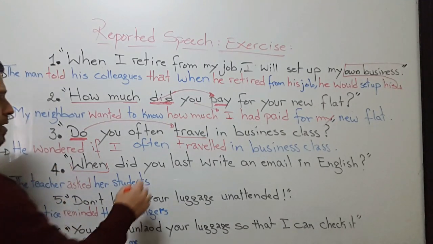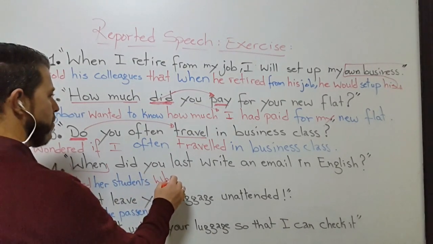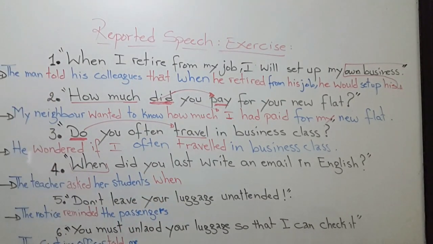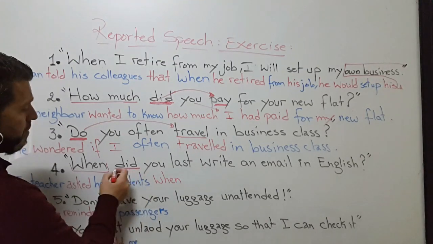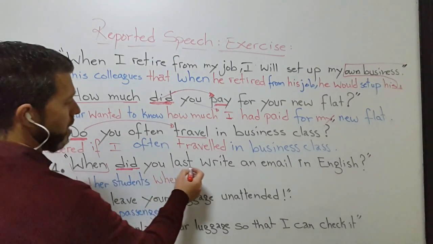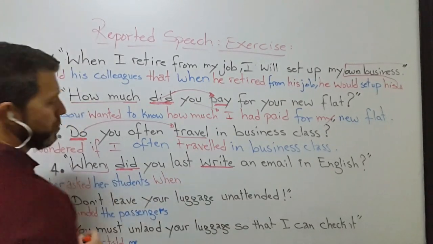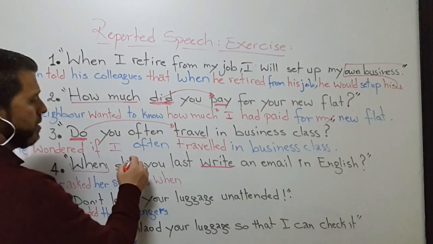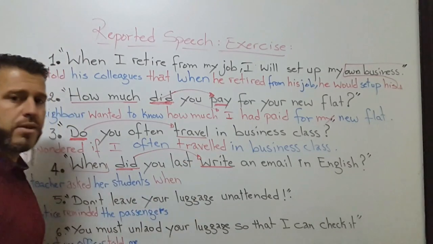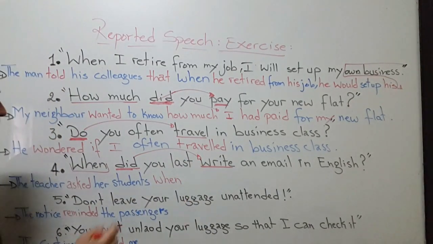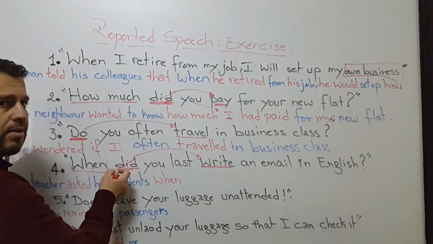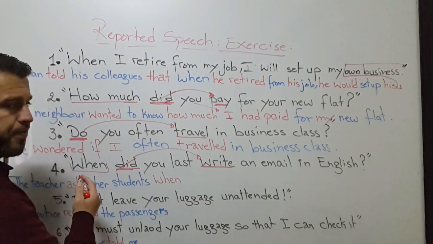So the first thing is we put when, okay? Then we are going to see what we are going to do. So we have here also did and we have write, verb write, okay? So did, its conjugation will be taken by write, and then we delete did.